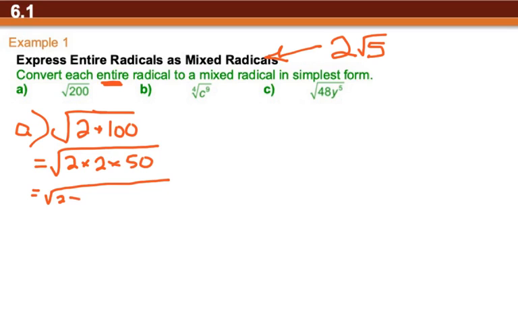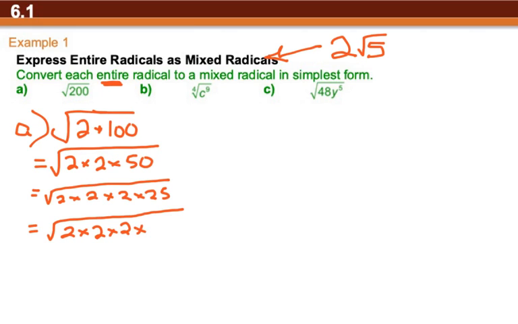So we have the 2 times 2 already. Looking at 50, we can divide that by 2, and 50 is the same as 2 times 25. So we have 2 times 2 times 2.